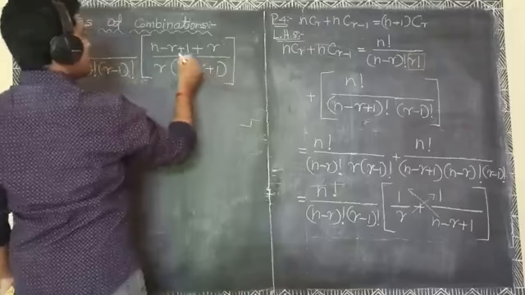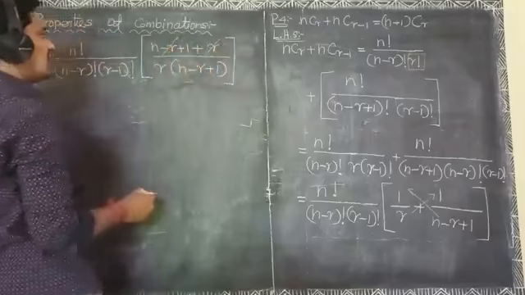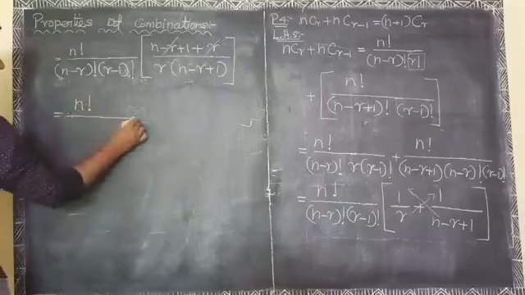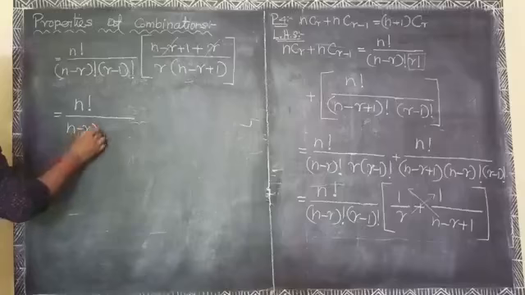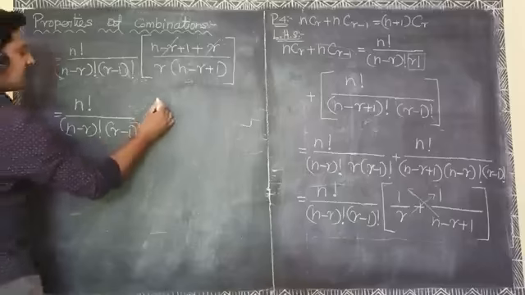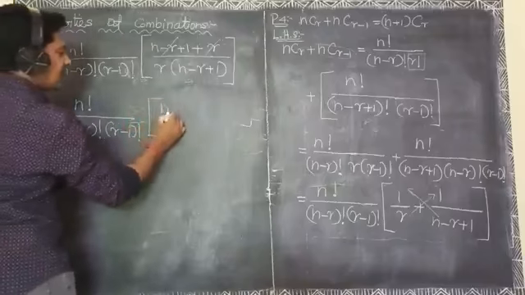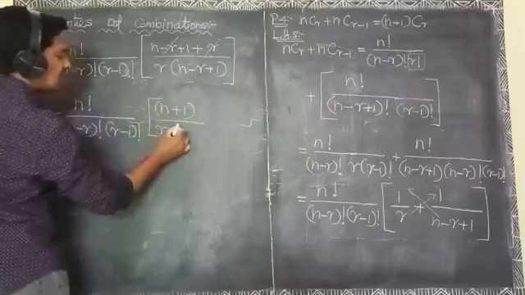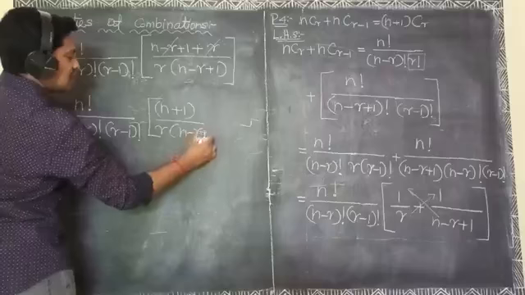Then in the numerator minus r plus r cancel, and the remaining numerator is n plus 1, and the denominator is r into (n minus r plus 1).